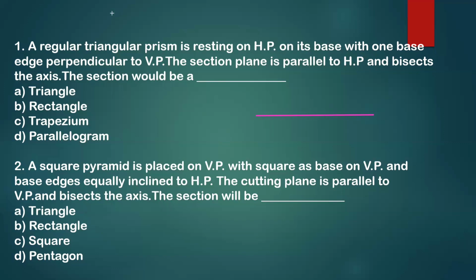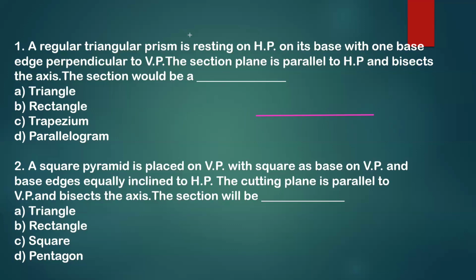That means the true shape of its base, this triangle, we'll get in the top view as it is resting on the HP. And what is the condition? It is resting on HP on its base with one base edge perpendicular to VP.